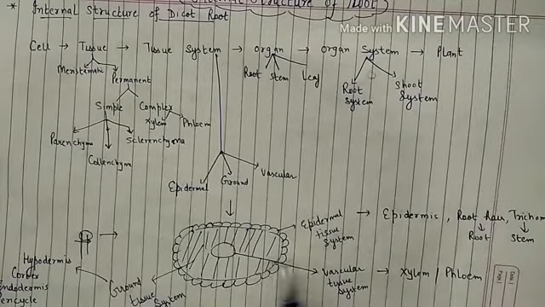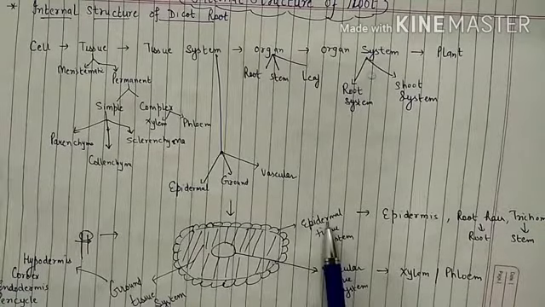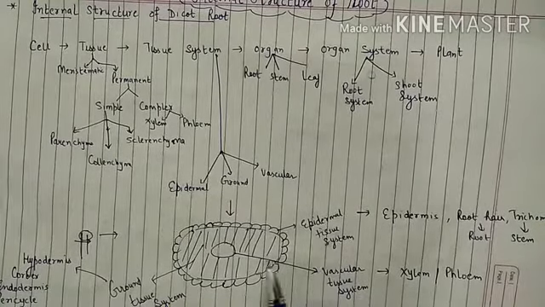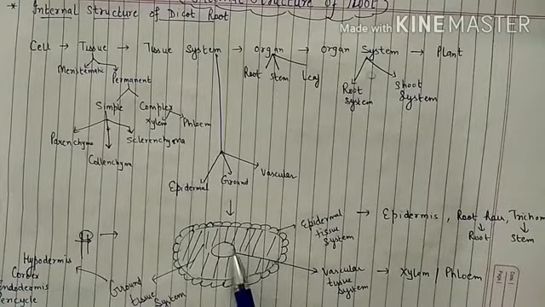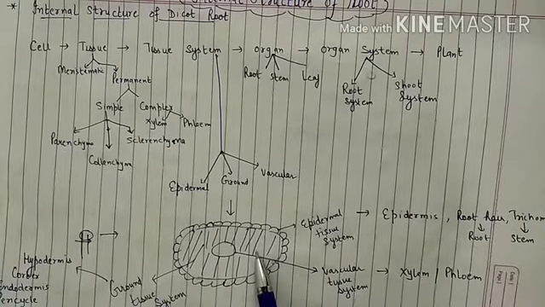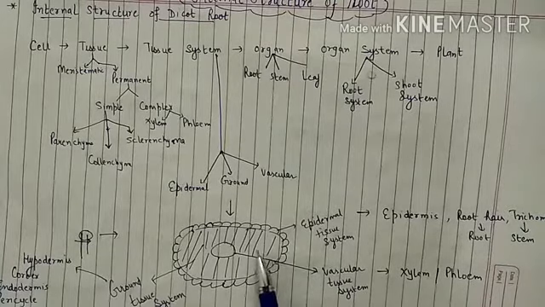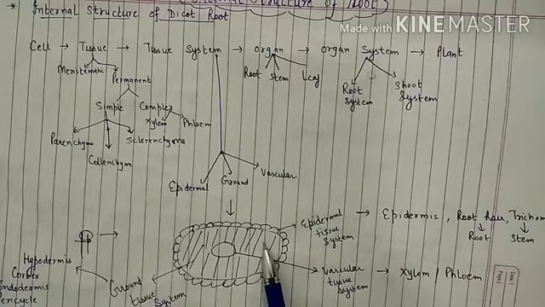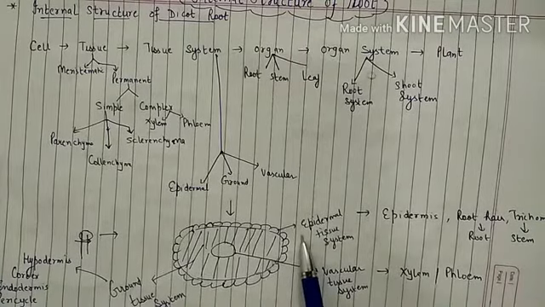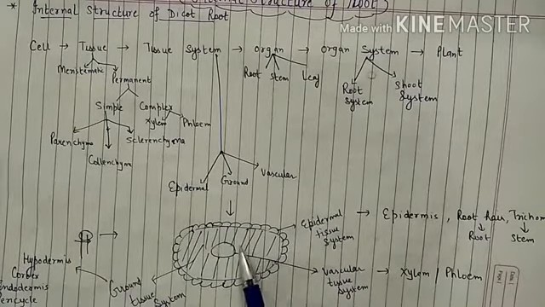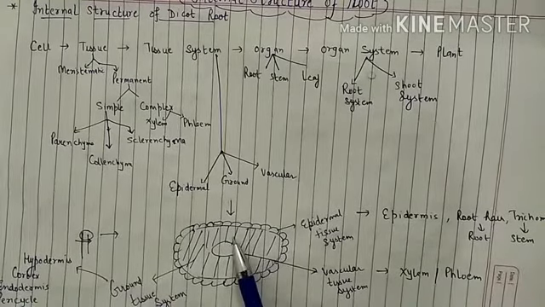All the tissues excluding epidermis and vascular tissue form the ground tissue system. I repeat, all the tissues excluding epidermis and vascular tissue form the ground tissue system.